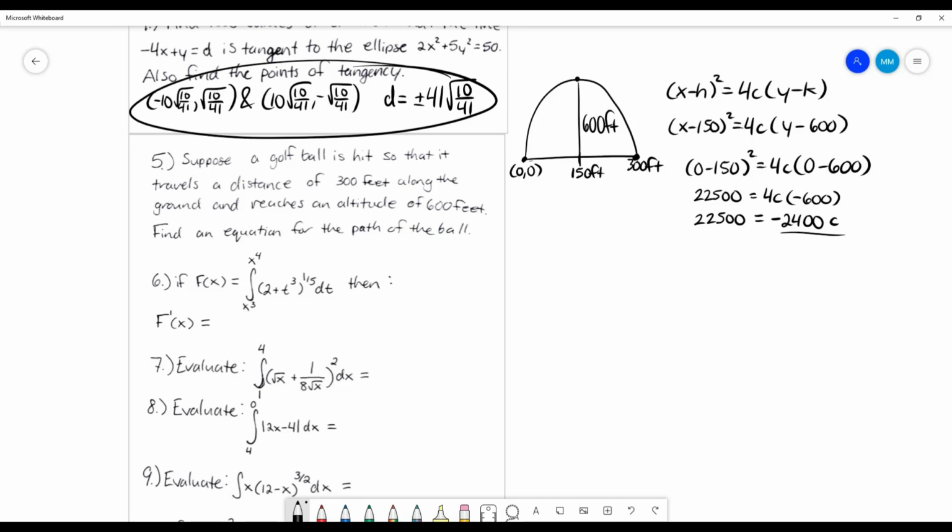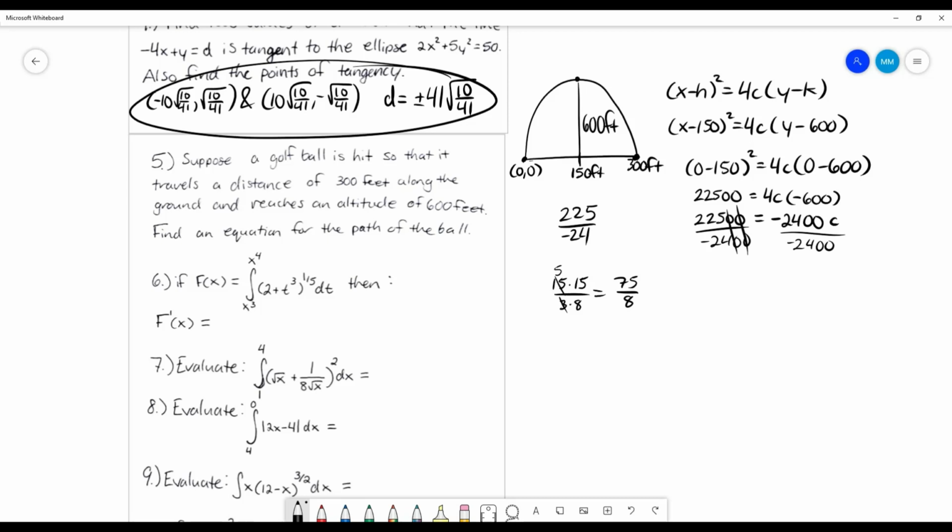And then divide both sides by that negative 2,400. I know I can cancel off those zeros, so now it's just 225 divided by negative 24, which I do not know off the top of my head. I know they're both divisible by 3 because this is just 15 squared. Oh, that's a good way I can think about it, actually. 15 times 15 over 3 times 8. That's going to turn into a 5. So now it's 75 over 8.